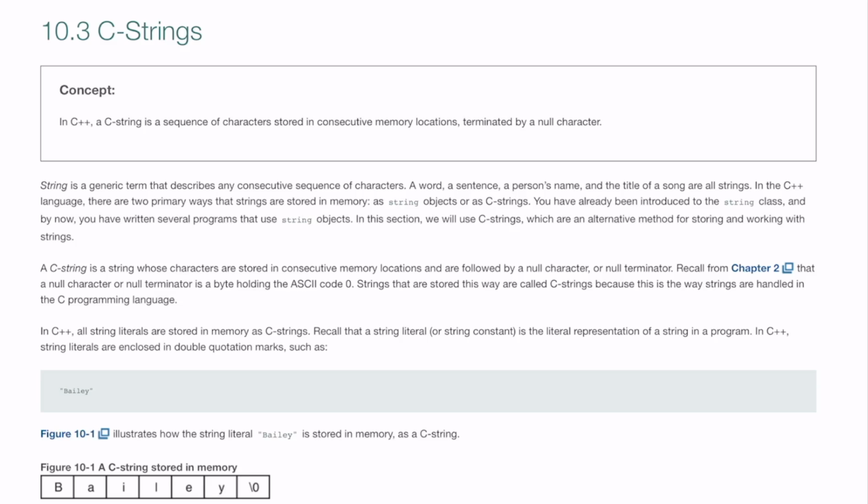So we would go through the array starting at sub-0, and we would work our way up until we found that character, or we would work our way up until we found a portion of that string. So here, this is what the C string is. It's trying to let you know, look, this is what we are rooted in, but it's not necessarily the way we think of strings.